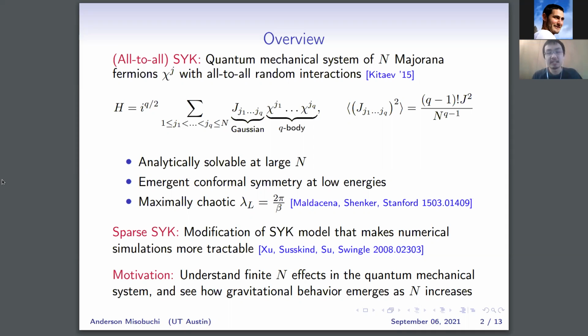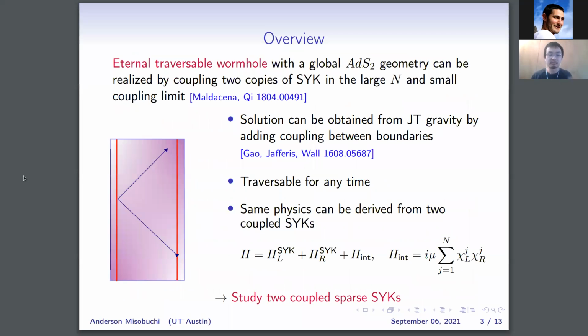It's a modification that makes the simulation of the SYK model more doable. So it allows us to explore what happens beyond this large N limit. We can study how gravity emerges as we increase N. In particular, we are interested in seeing whether this sparse SYK model can be used to describe a traversable wormhole.